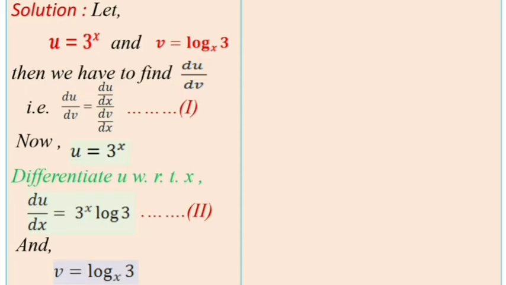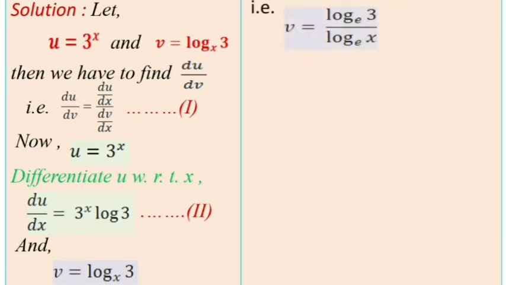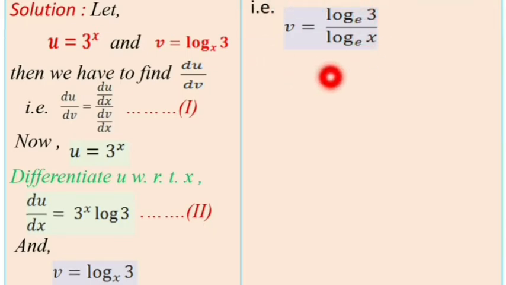Therefore we have to convert the base of the given function by the change of base law, and we can get phi equal to log of 3 to the base e whole divided by log of x to the base e. That means here we have to change the base of the given logarithm from x to the base e. Okay, and now this is our given function.